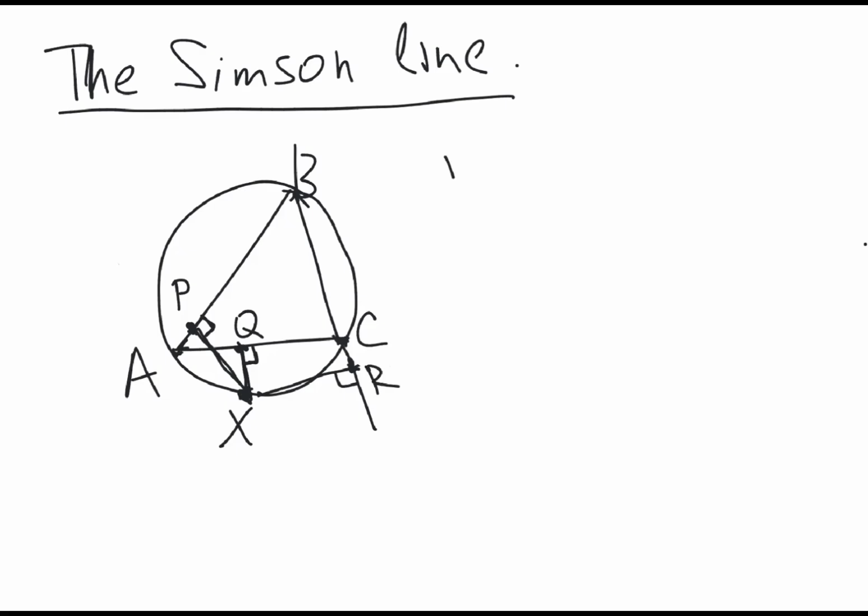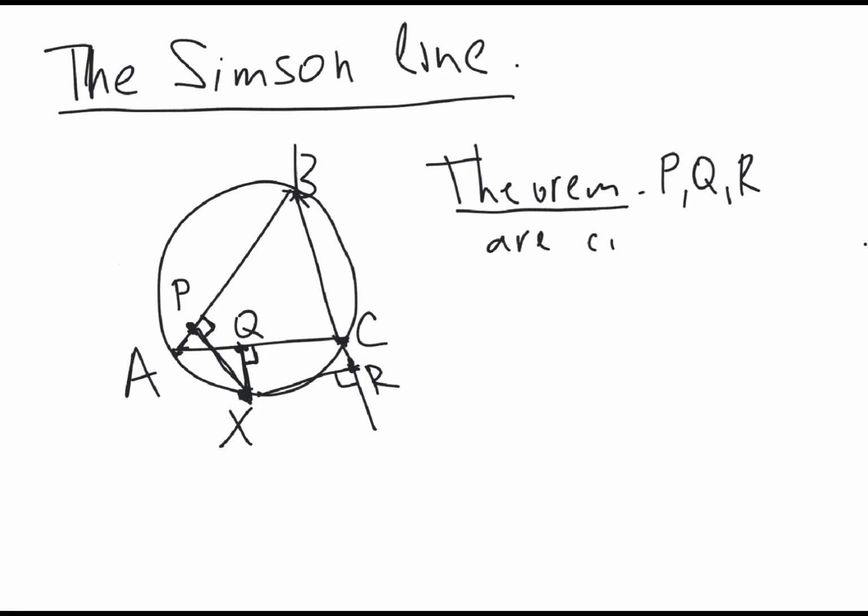And so the theorem says that P, Q, and R are collinear. Collinear meaning that they lie on a single line.